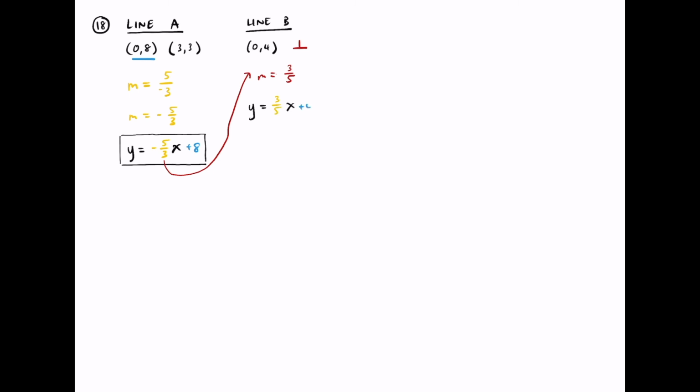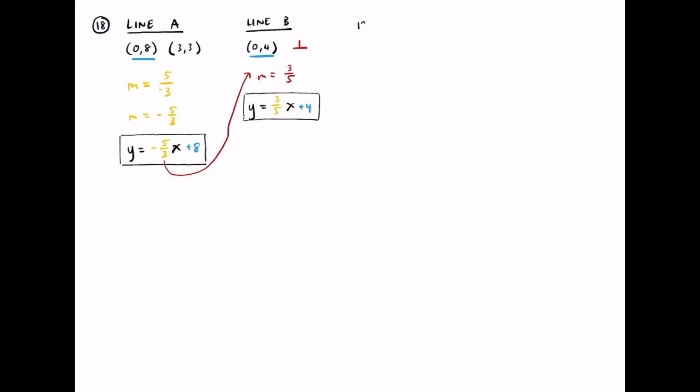Now, how do we know that the y-intercept was plus 4? Well, again, if (0, 8) was the y-intercept earlier, then (0, 4) is going to be another y-intercept here. So that's our b value. So this would be the equation for line B, and line B would be perpendicular to line A because their slopes are opposite reciprocals.